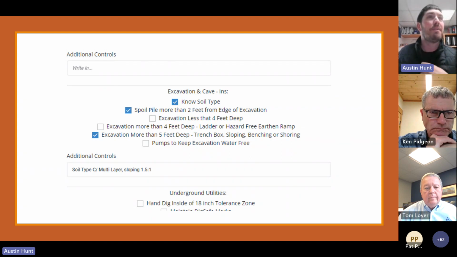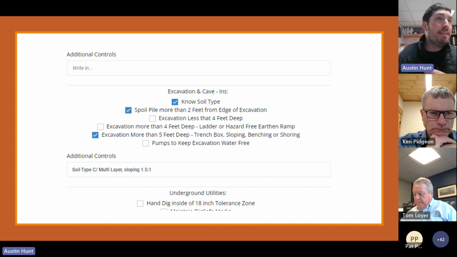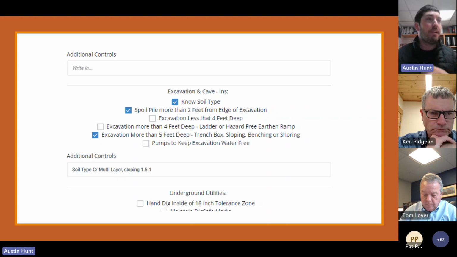Check your spoil piles one to two feet from the edge. If you have an excavation more than 4 feet deep, or 5 feet, make sure you check that and have your trench rock, sloping, benching, shoring, and water, make sure you have pumps.